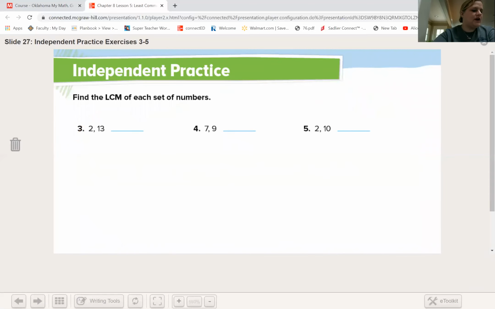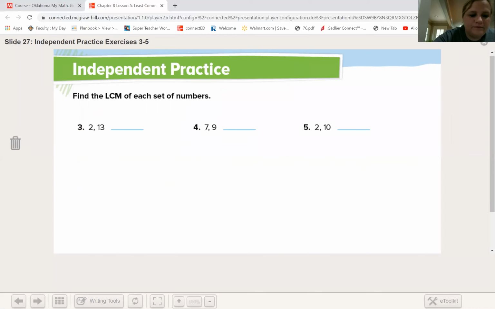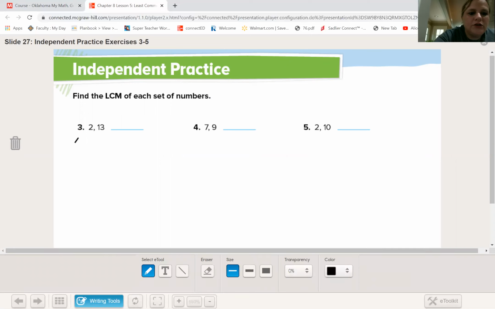Okay, independent practice. You can do this either way. You can either make a list or you can do the factor tree. Let's do the factor tree on this one. The first thing I notice is this is really easy because 2 can't factor any lower. You can't make a factor tree because that'd just be 1 and 2.